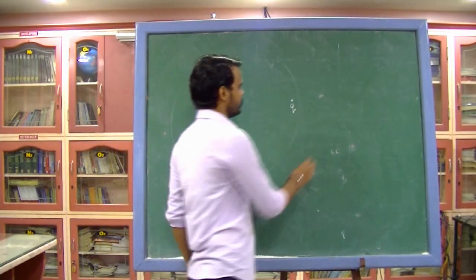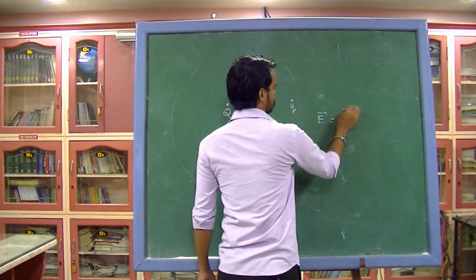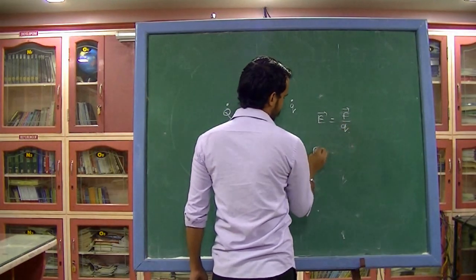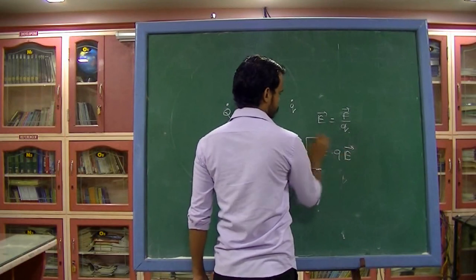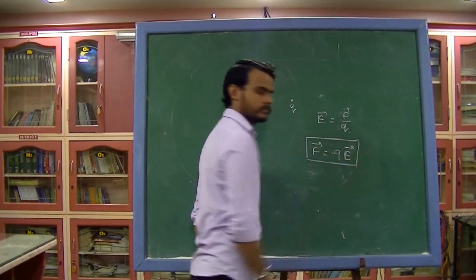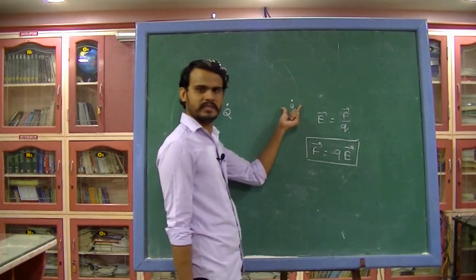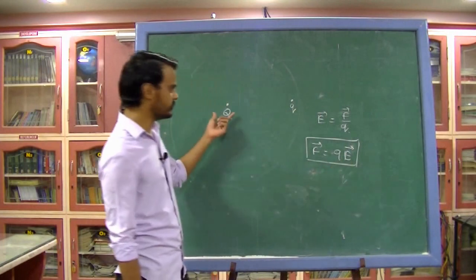We have defined electric field as force per unit charge. So, from here I can write electric force will be equal to Q into E. Now, remember this F is the force experienced by this charge, and this E is the electric field produced by the other charge.